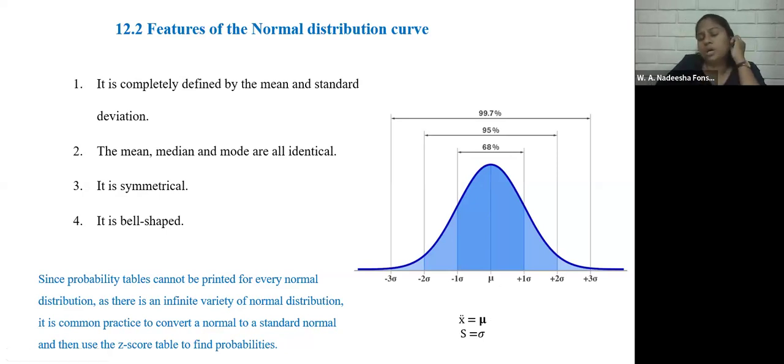From the mean value to one standard deviation on the left and right, it covers 68%. From the mean to two standard deviations, right and left, it covers 95%, and from the mean to three standard deviations, it covers 99.7%.